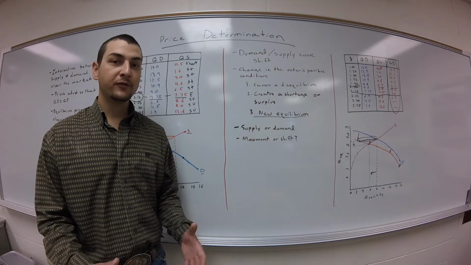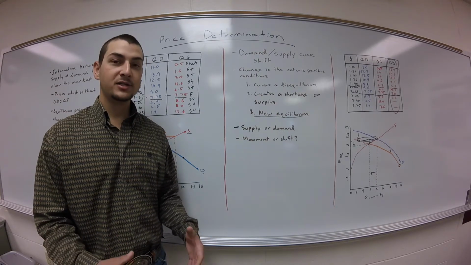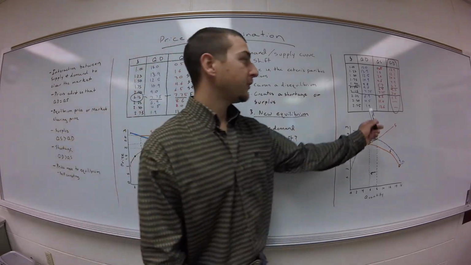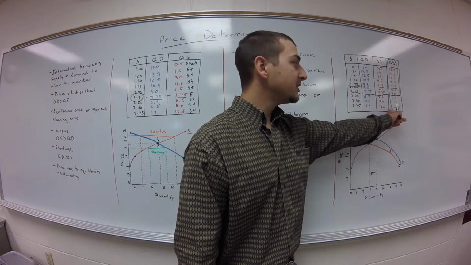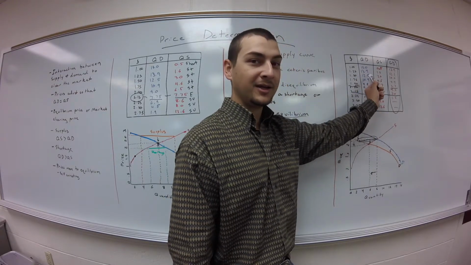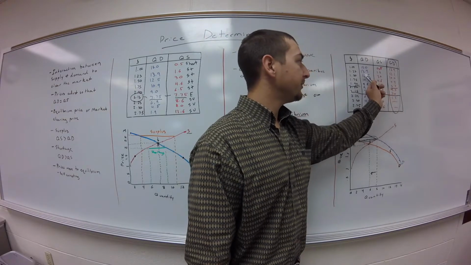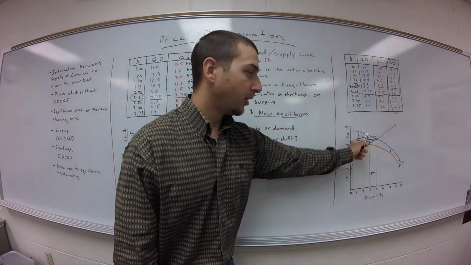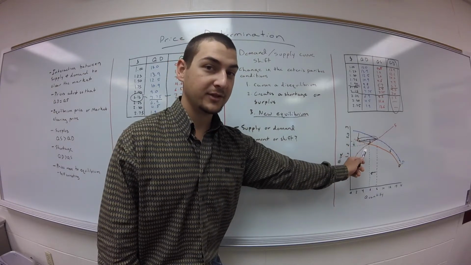So a shift would be a change in the supply or demand relationship. So if the quantity demanded changes, that relationship between prices and quantity for demand changes from this one to this one, we have a shift in the demand curve. If we have to draw a brand new curve, we have a shift.